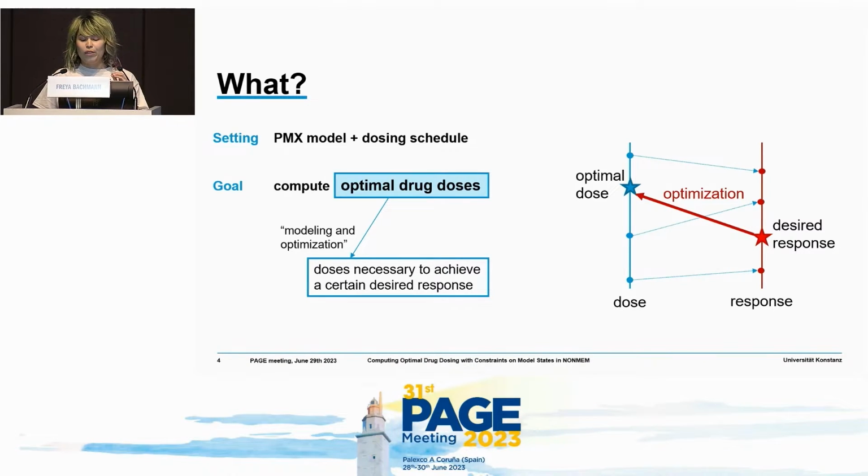If you know your desired response and you utilize optimization to compute the dose which is necessary in order to achieve this desired response, we call this modeling and optimization, and you might benefit from that in situations when simulations are computationally expensive, for example, or when dose-response relationships are nonlinear, such as in that illustration, and in other complex situations, perhaps.